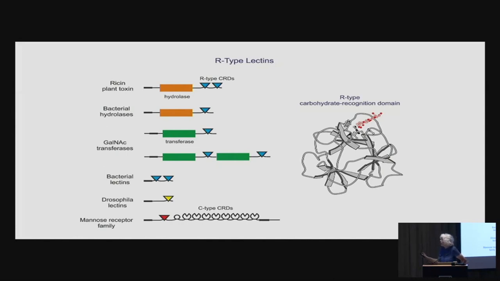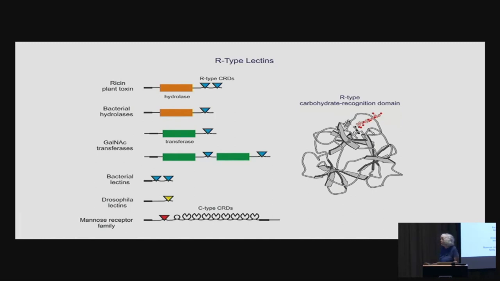This typically binds galactose or N-acetylgalactosamine and its derivatives, and you find these in bacterial enzymes. Again, this domain is like a targeting domain which can bind the sugar, and then the hydrolase domain acts upon it.